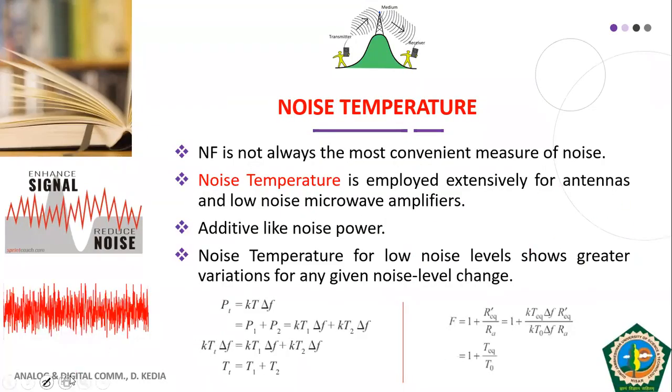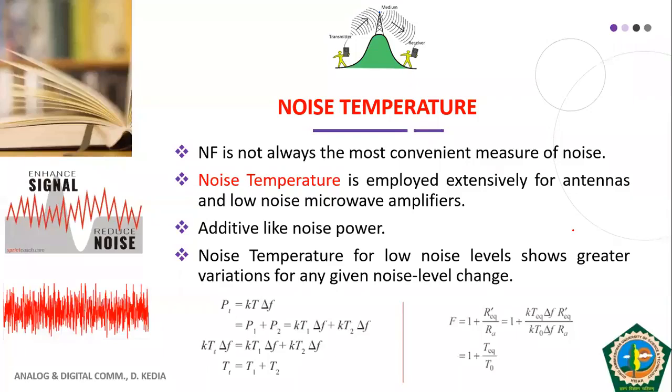So students, after discussing the concept of noise figure and signal to noise ratio, we now will look into one more concept which is very, very important and crucial also, that is noise temperature. We have expressed our noise in terms of its equivalent resistance. We have measured the effect of noise in terms of signal to noise ratio.